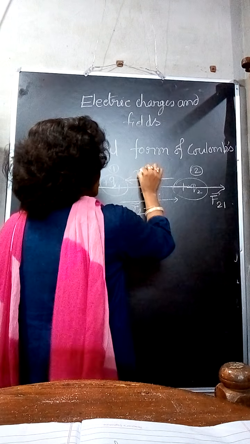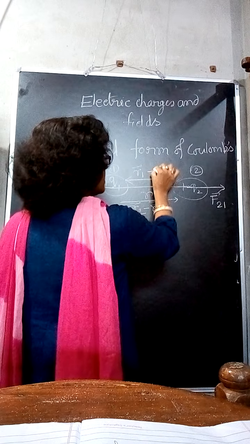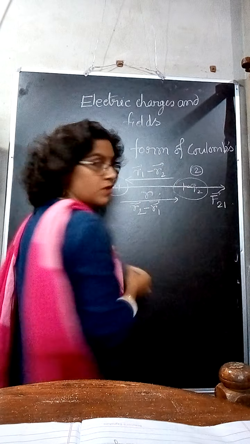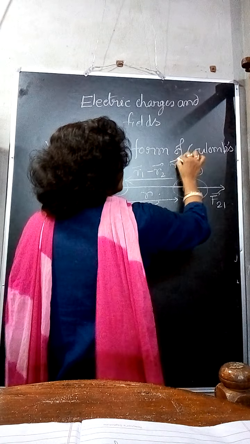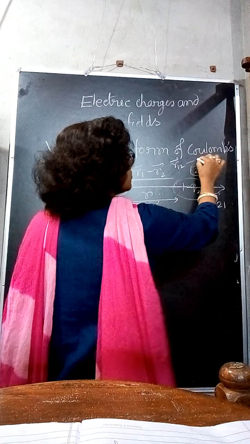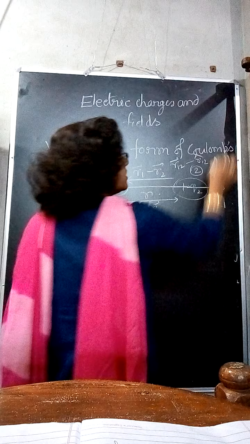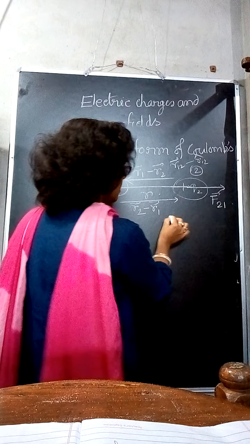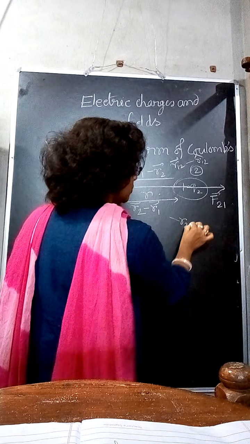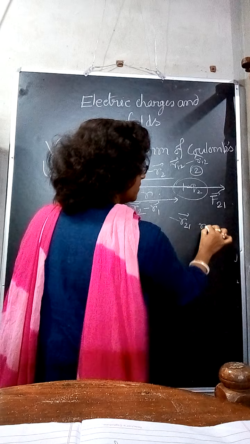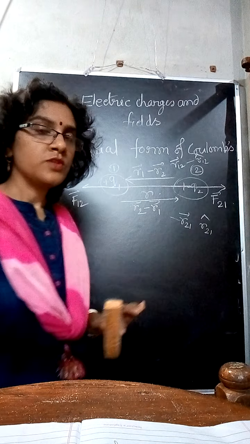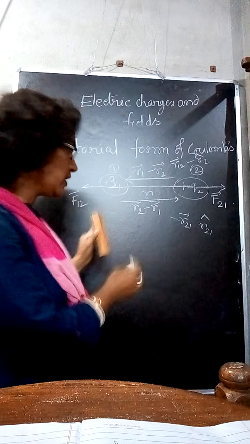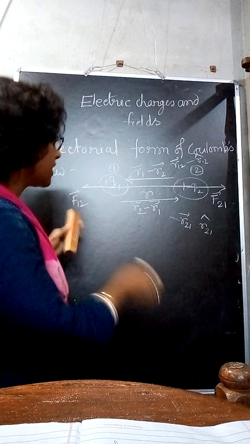And in that direction, what will be the vector? R1 minus R2. That one can also be expressed by the R12 vector, and its unit vector will be the R12 unit vector. Similarly it will be the R21 vector, and its unit vector will be the R21 unit vector.